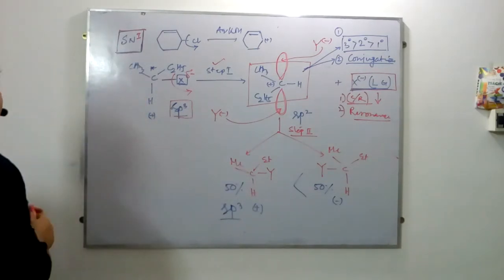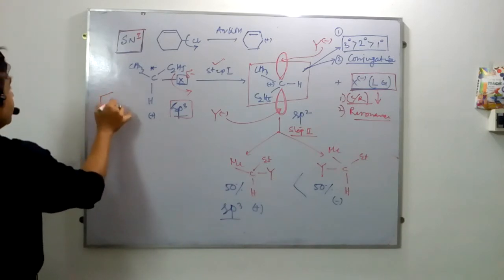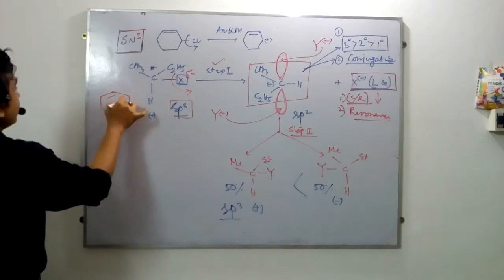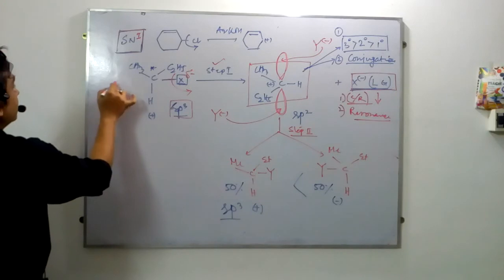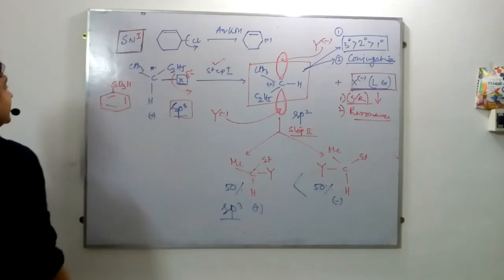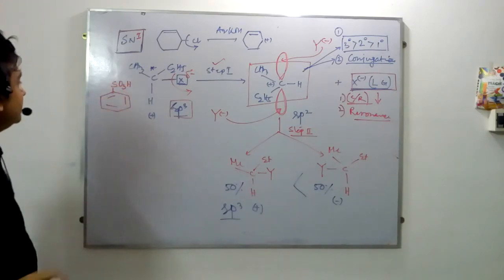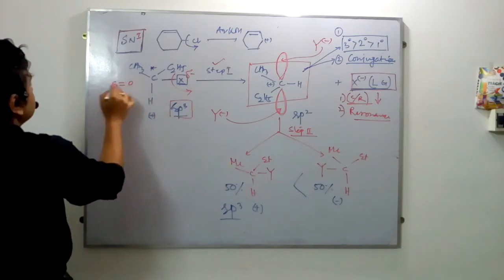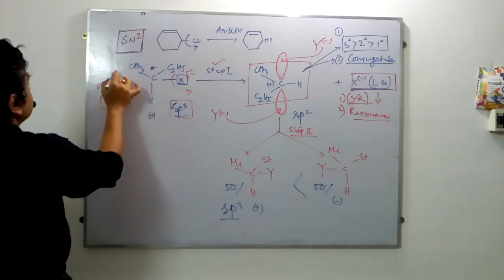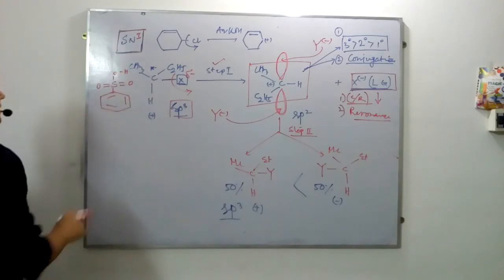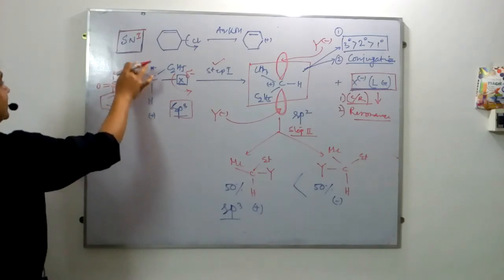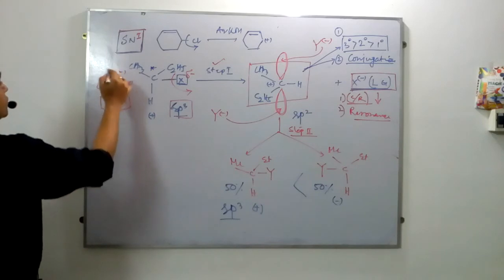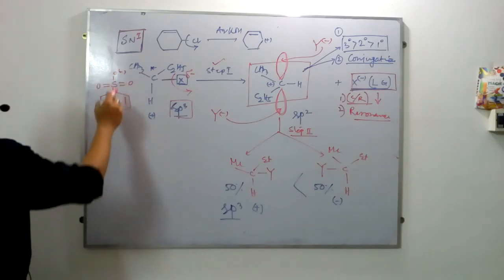A good example of a leaving group is, suppose let us take an example, benzene sulfonic acid. I hope everyone has the idea about what is benzene sulfonic acid. See, this is the structure of benzene sulfonic acid. Now if the hydrogen eliminates, then definitely there will be so many resonance canonicals going to form.